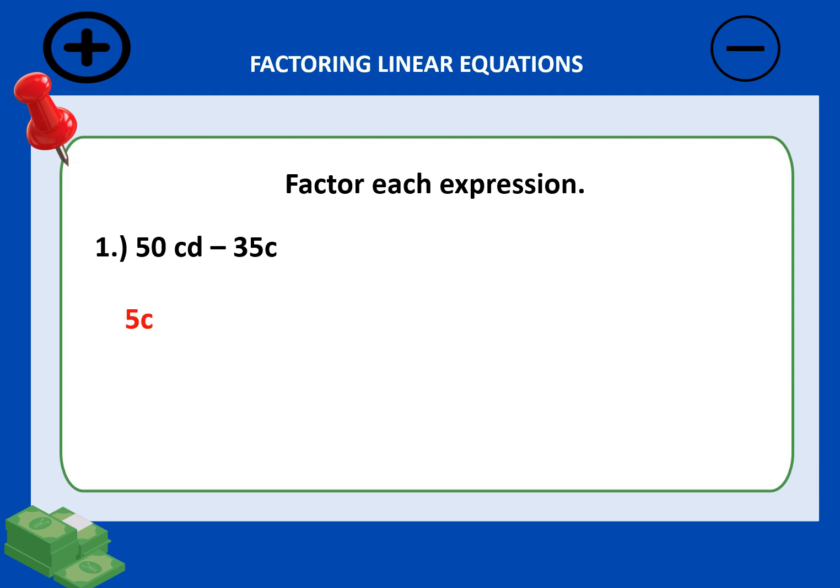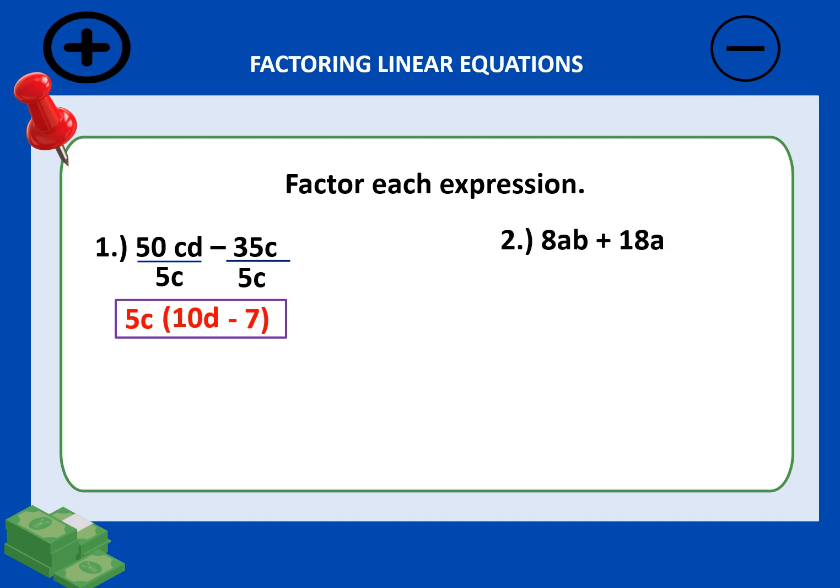Then we're going to write it as a product of its factors. So we divide each term by 5c. So 15cd divided by 5c is equal to 3d. Negative 35c divided by 5c is equal to negative 7. So our answer is 5c times the quantity of 3d minus 7.